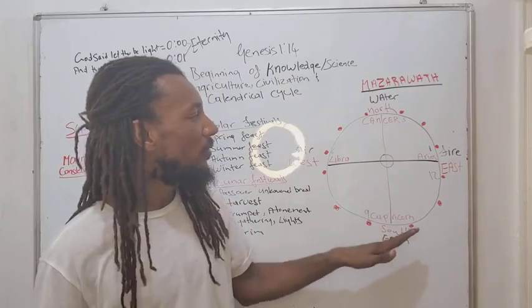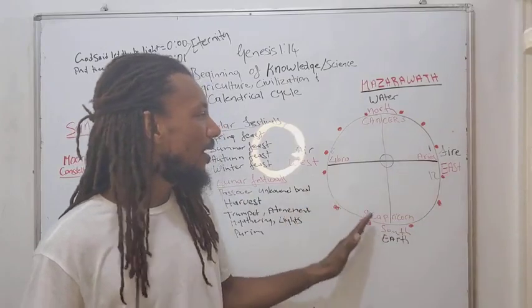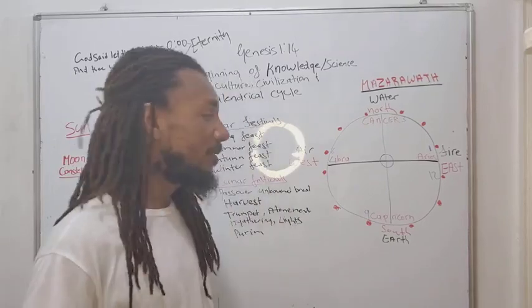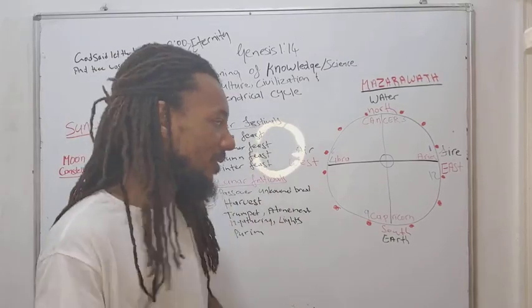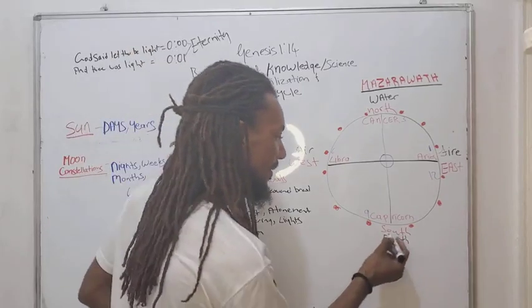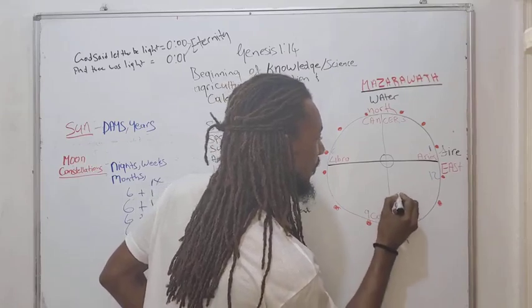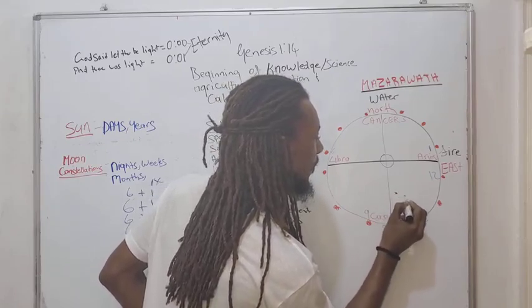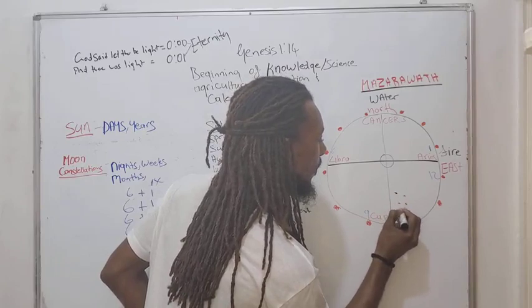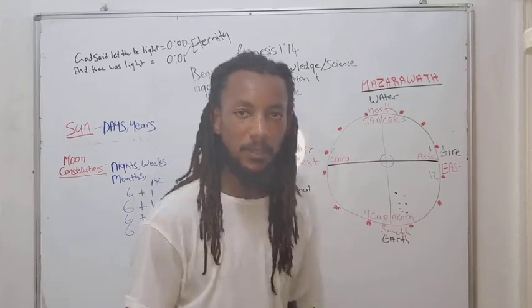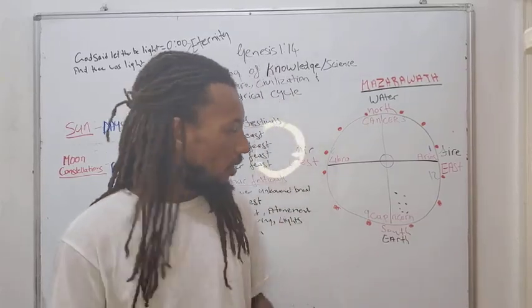So it's important to understand the seasons of the year, the position of the stars. That's what the Wisdom of Solomon says. Because what you'll also notice is that here, okay, let me put it here. Okay, that diagram is not making any sense.